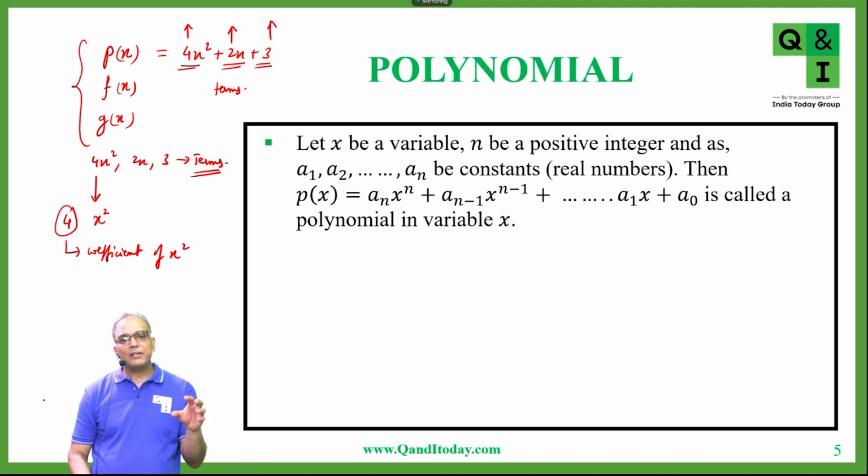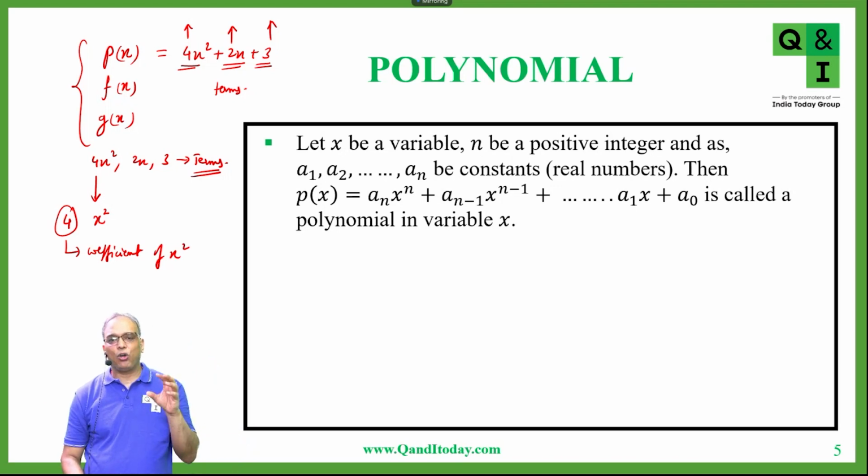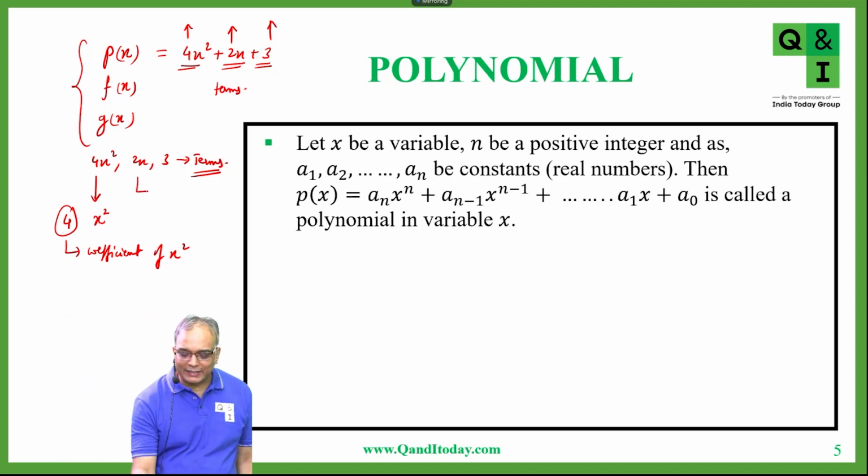The number which is there along with that variable is called the coefficient of that particular variable. Similarly, in 2x, this is another term, and here 2 is called the coefficient of x. Is it clear?